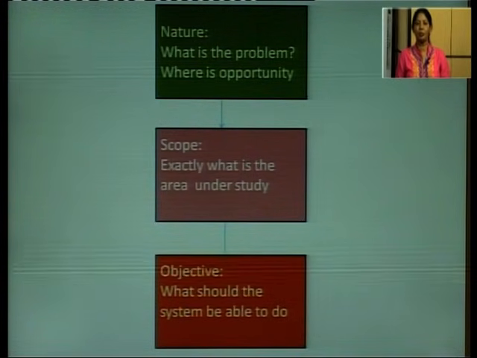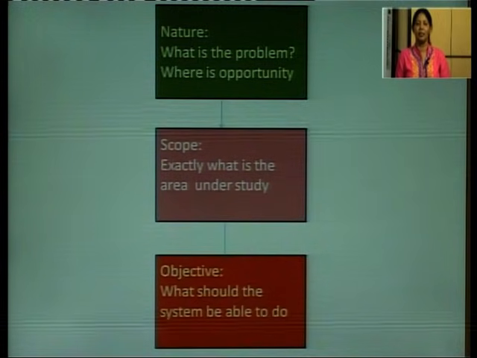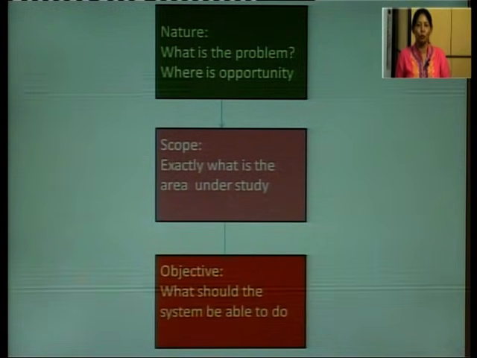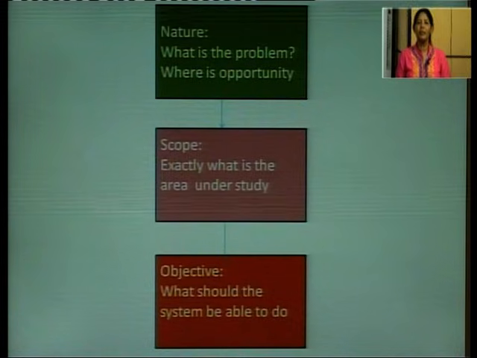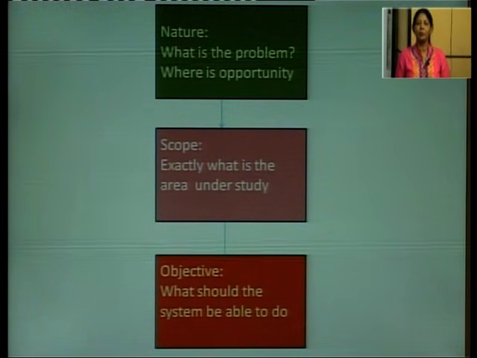The scope means exactly what is the area under study. And the objective is your target, what the system should be able to do. Is it clear? The nature is the problem and where the opportunity is to solve it.